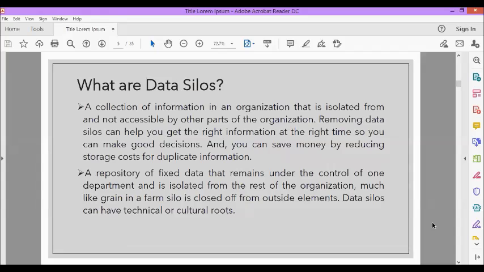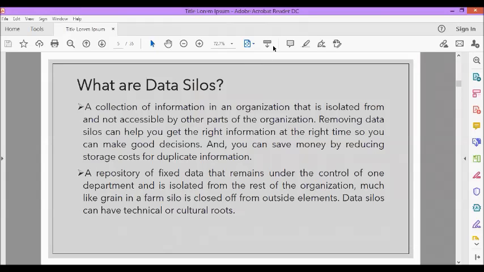So what are data silos? These are a collection of information in an organization that is isolated from and not accessible by other parts of the organization. Removing data silos can help you get the right information at the right time so you can make good decisions.